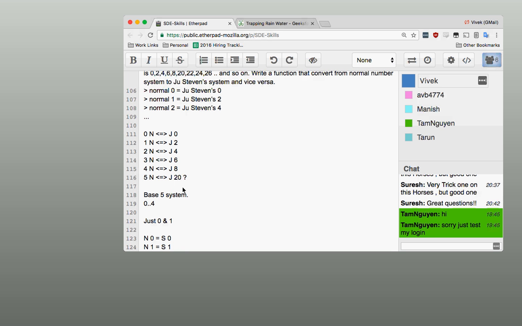Here, instead of using 0 to 4, you're mapping the digits to this. 0 still remains 0, 1 becomes 2, and so on. So essentially you still have to do the multiply and division by 2 to do the mapping, but instead of just doing division, you will be treating this as a base 5 system, right?